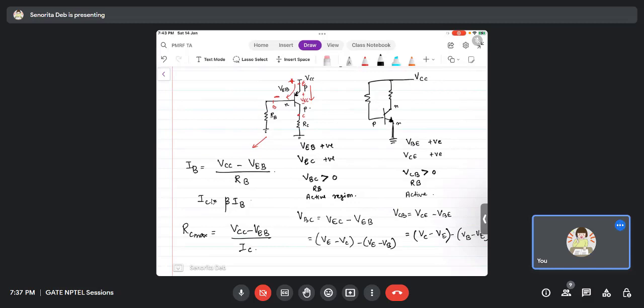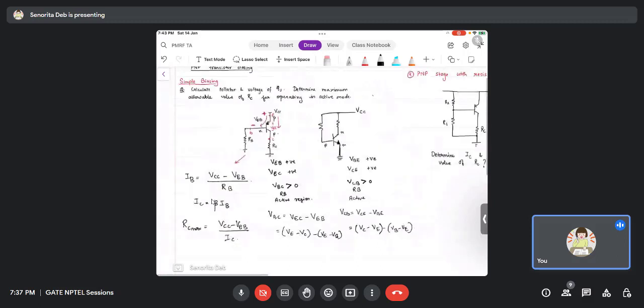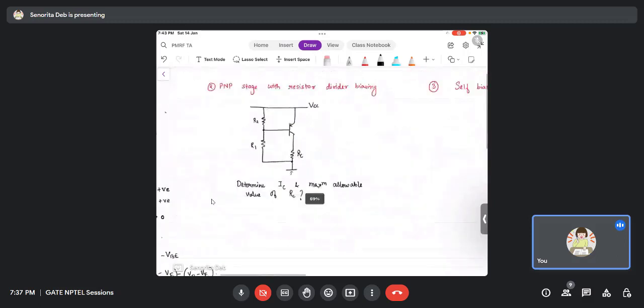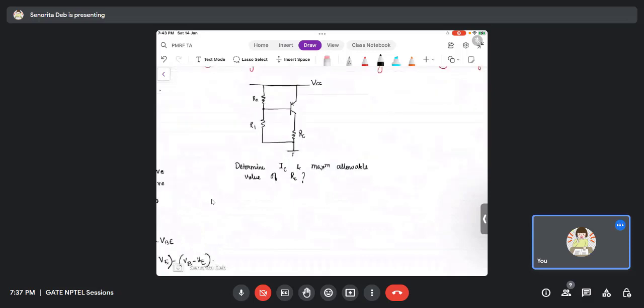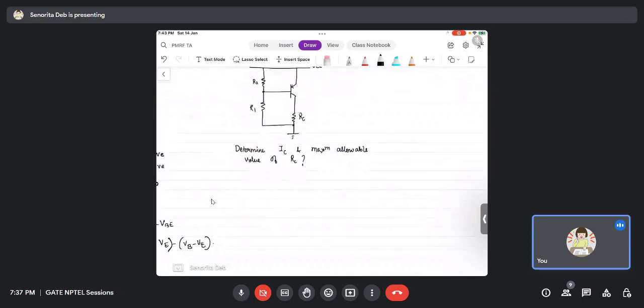Okay, so now for the resistor divider biasing, again determine IC and the maximum allowable value of RC. What will happen? I am doing the Thevenin equivalent part itself.